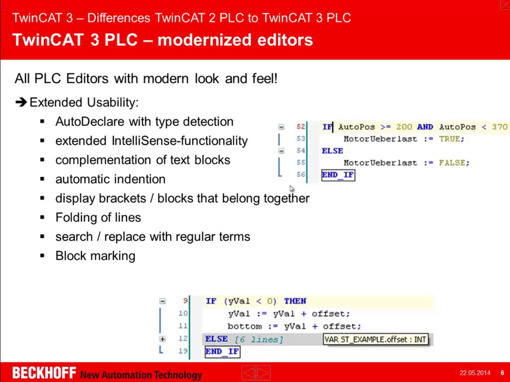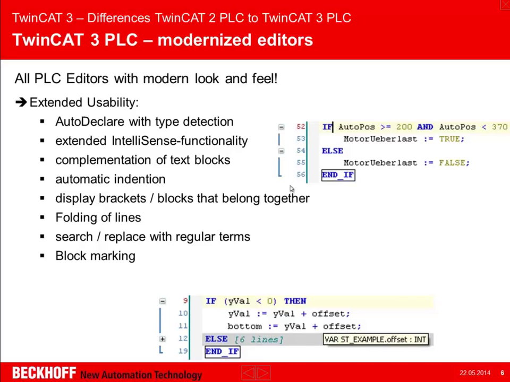We have extended IntelliSense functionality. IntelliSense shows directly also subtypes of structures. You see this in the screenshot on the bottom. We have auto-completion of the text blocks. We have automatic indentation. You can, if you want, display brackets or blocks which belong together. You see this on the right side.